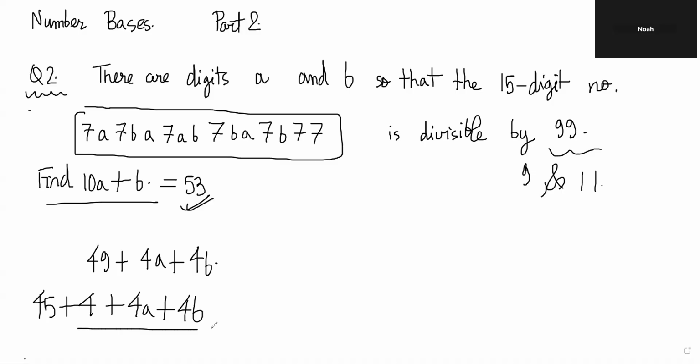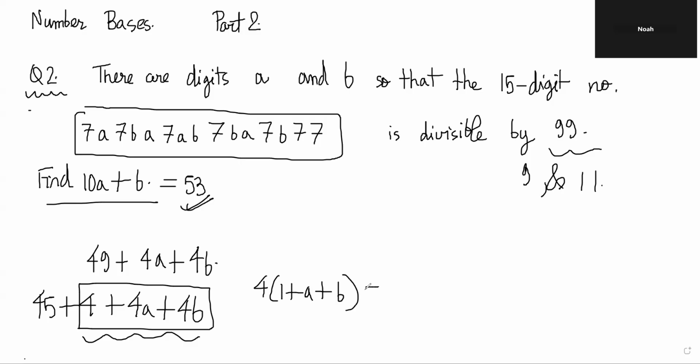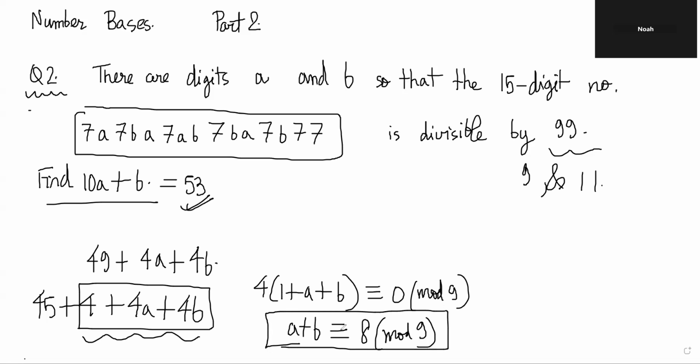This has to be 0 mod 9. So then you could just divide the whole thing by 4, and you get that a plus b plus 1 must be congruent to 0 mod 9. That means that a plus b must be congruent to 8 mod 9. That means that a plus b can either equal 8 or equal 17.